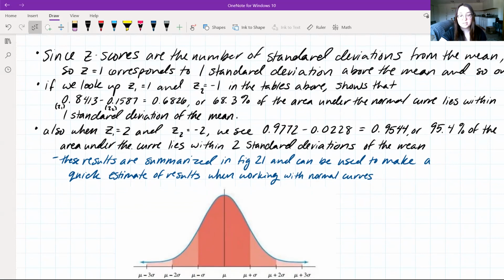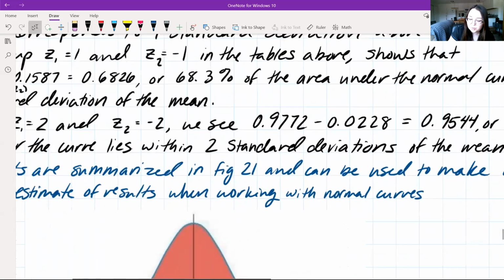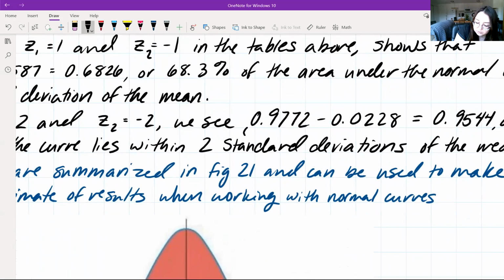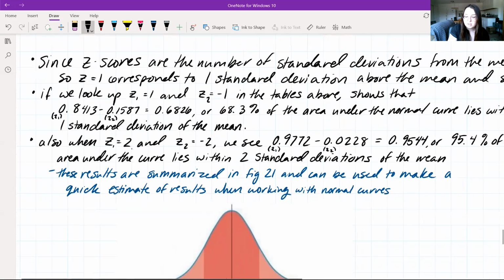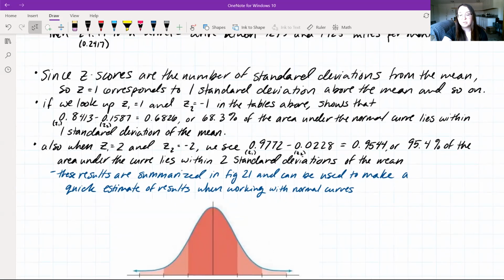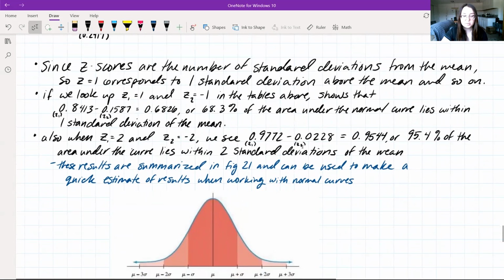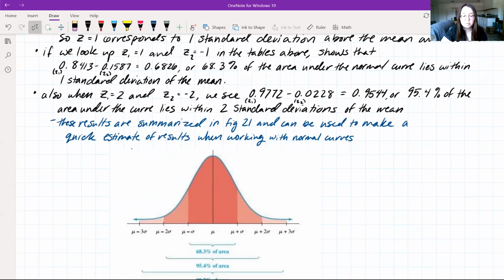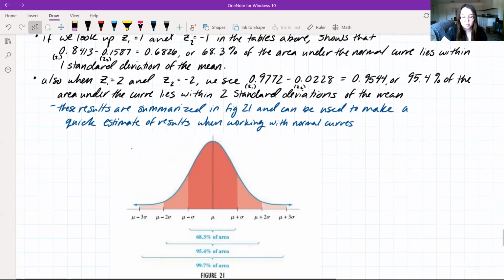When z1 is equal to 2 and z2 is equal to -2, we get 0.9772, which was z1, minus 0.0228, which was z2, which is equal to 0.9544, or 95.4% of the area under the curve within two standard deviations of the mean. These results are summarized in figure 21 and can be used to make a quick estimate of results when working with normal curves.